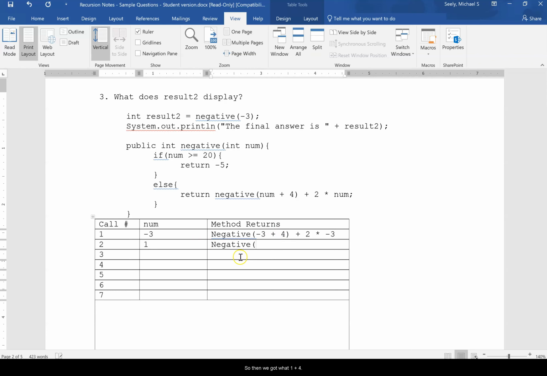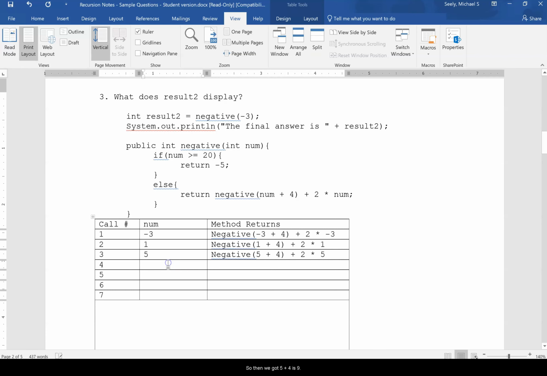So then we got what? 1 plus 4 plus 2 times 1. So 1 plus 4 is 5. So then we've got 5 plus 4 plus 2 times num, which is 5.